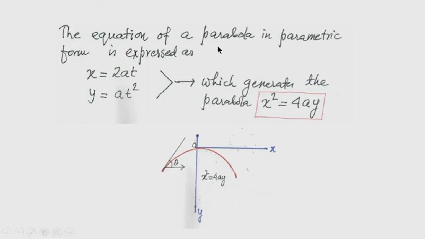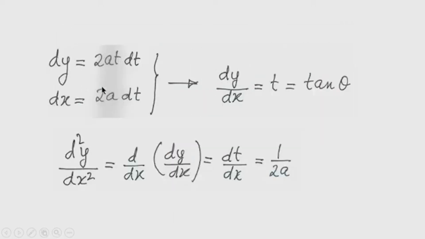So, let us see this example. See, the parametric form of the equation of the parabola is written as x is equal to 2at and y is equal to at square, which generates the parabola that can be verified from this expression. Now, this is the parametric form of the equation.